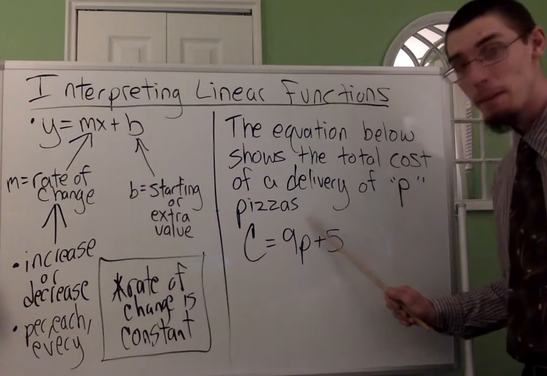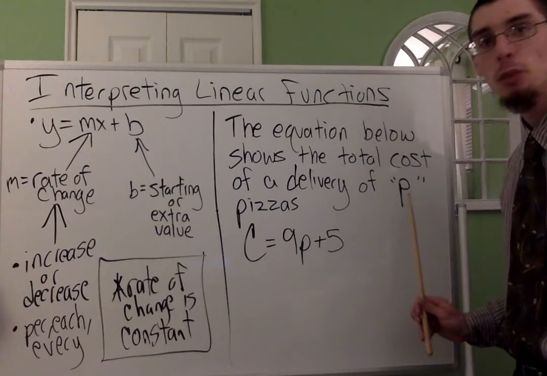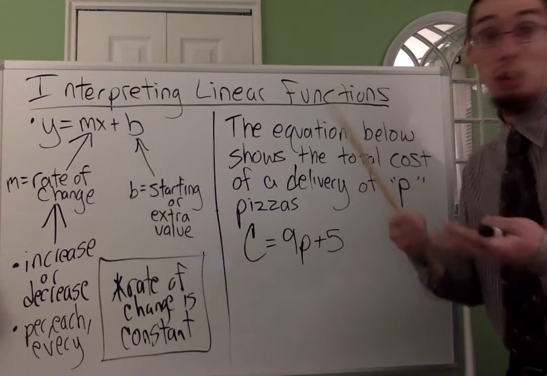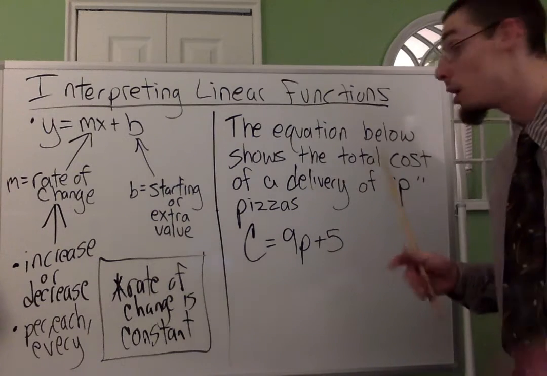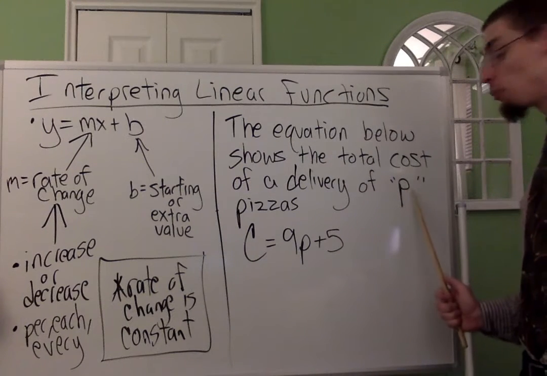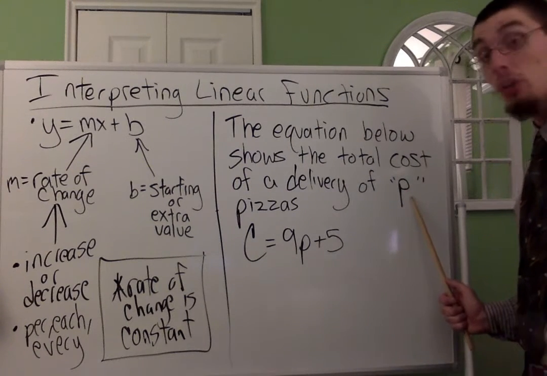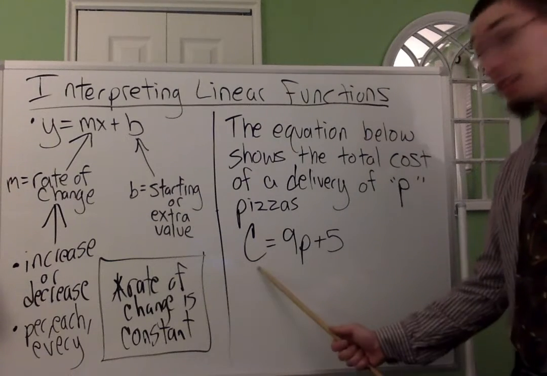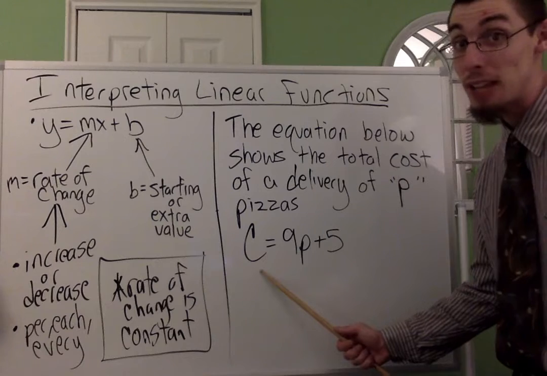What does that mean? I don't know how many pizzas we bought, right? We bought P pizzas. We didn't buy 6 or 7 or 8. This is a delivery of some random number that we call P, the variable P.